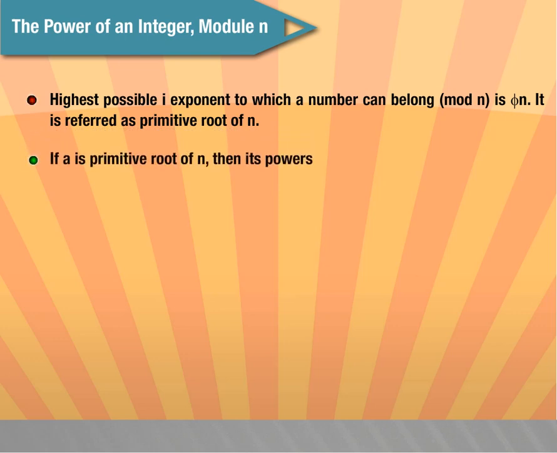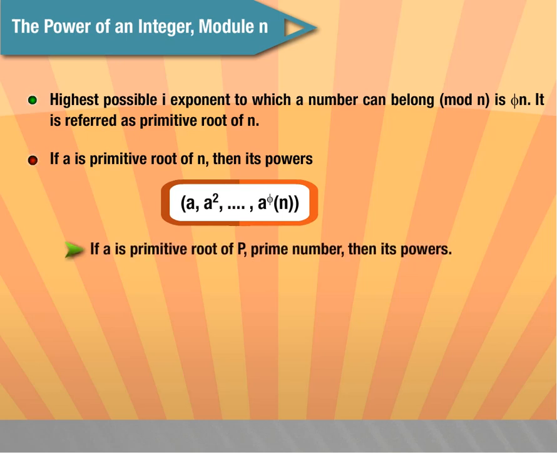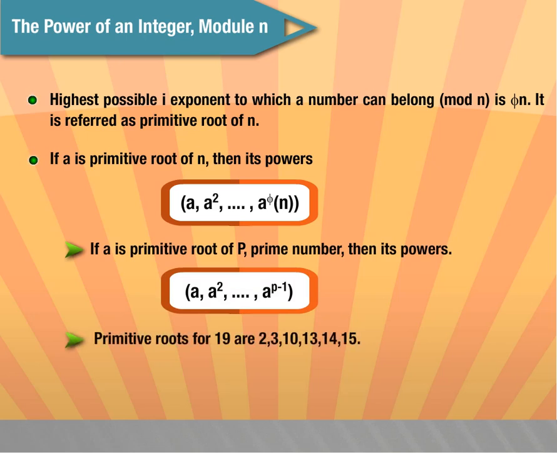If A is a primitive root of n, then its powers A, A squared, and so on up to A^phi(n) are distinct. If A is a primitive root of a prime number P, then its powers A, A squared, and so on up to A^(P-1) are distinct. Primitive roots for 19 are 2, 3, 10, 13, 14, 15.